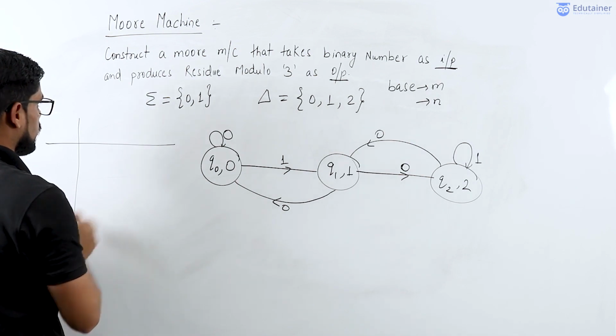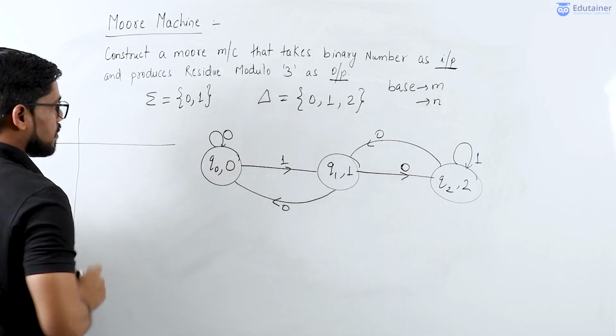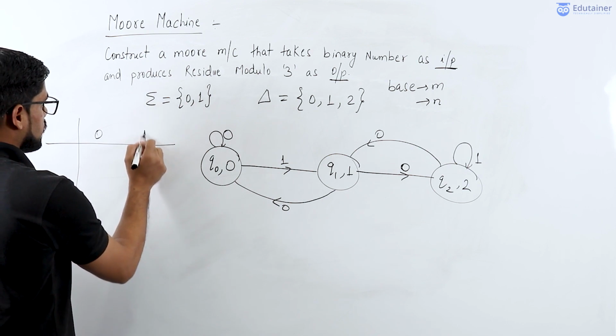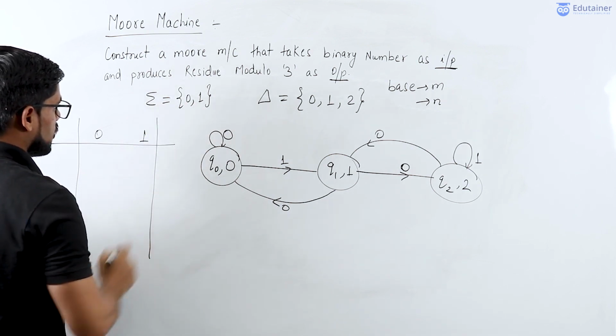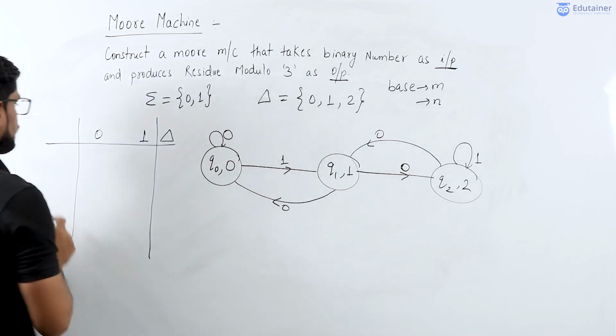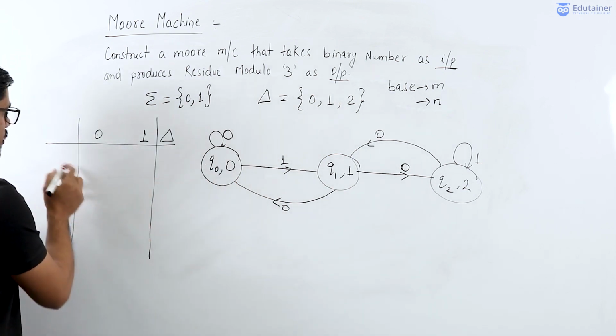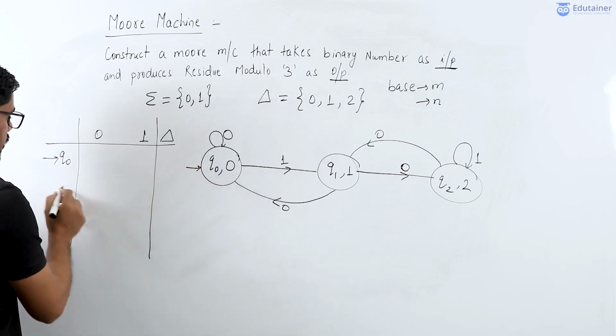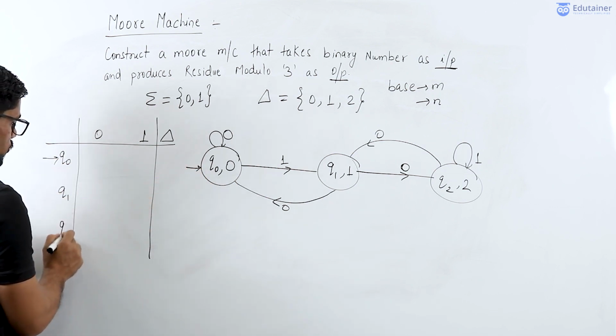In the transition table, how many input alphabets are present here? The input alphabet present here is 0, 1. And for a Moore machine, for every state there is an output associated with it. And how many states are here? Q0 is the initial state, and then Q1 and then Q2.